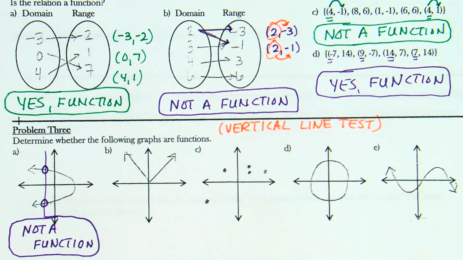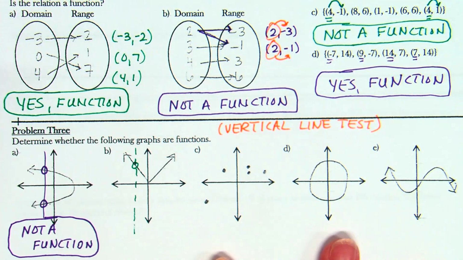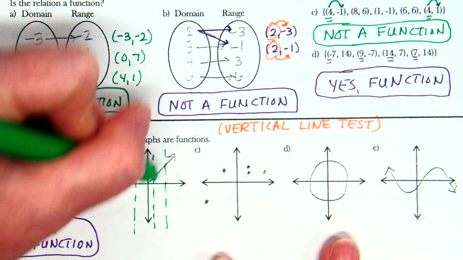So if I pick a spot over here, notice that one just touched once, didn't it? What if I go over here and draw a line over here? Then it touches once, right? You can draw as many lines, not that you even really have to draw the lines, but each vertical line touches once. That's fine. So that means that, yes, this one is a function.